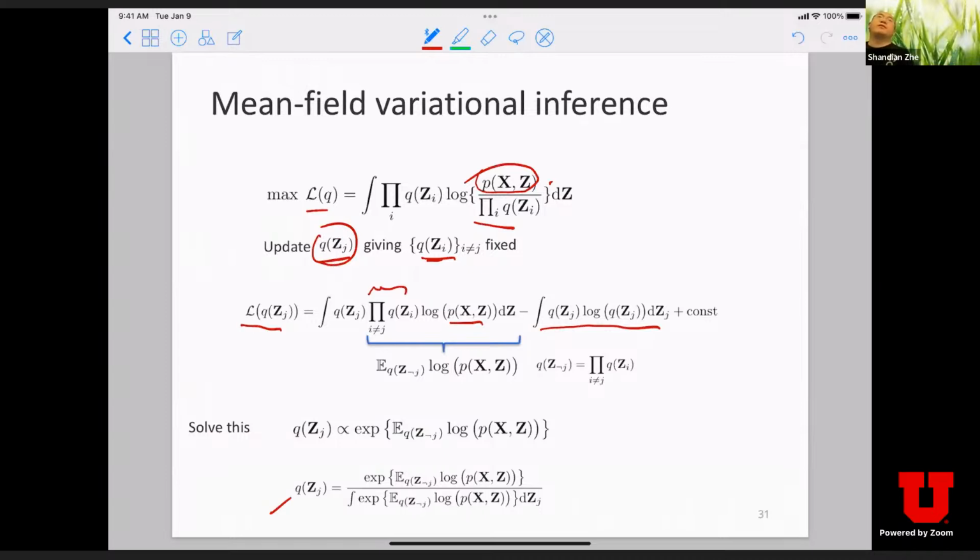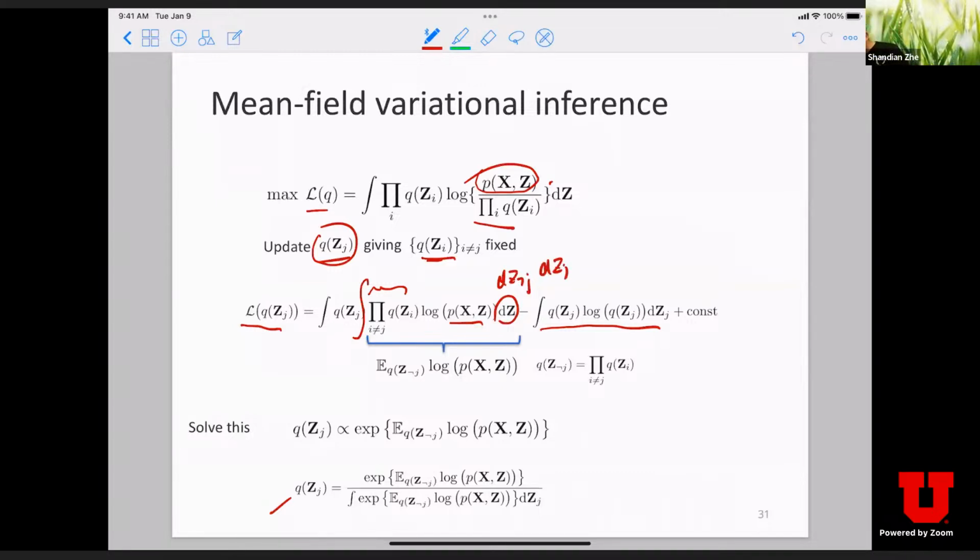Does it make sense? This is just a straightforward derivation. Here the integral is over the entire z, so you can do the integral over all z not equal to j first, and then in the outer level, you do the integral over z_j.